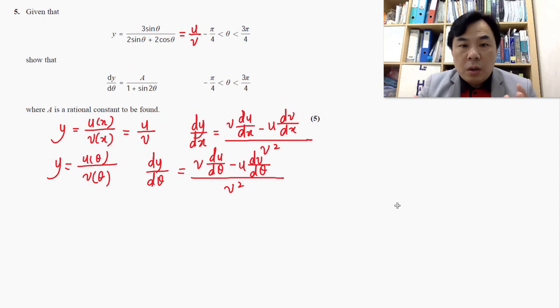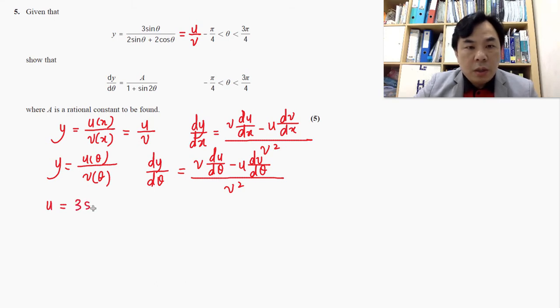Once you are comfortable with this, we're going to get started with the application of the quotient rule. First step, we label u as 3 sine theta, whereas v will be 2 sine theta plus 2 cos theta.